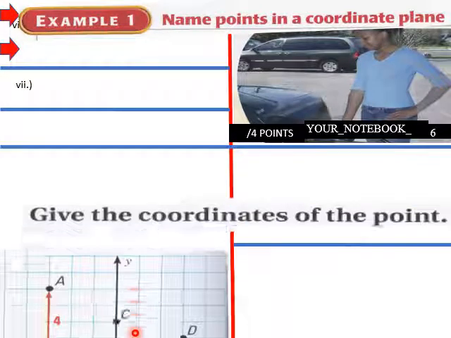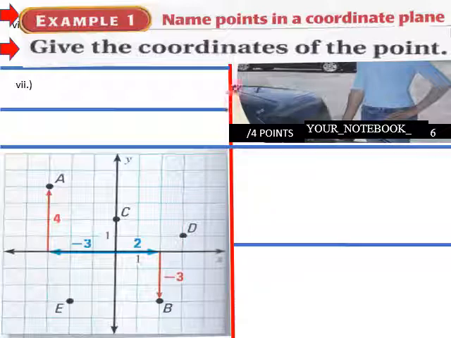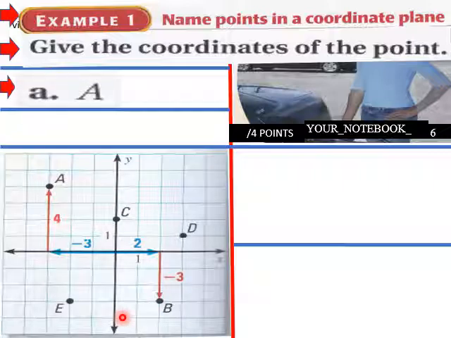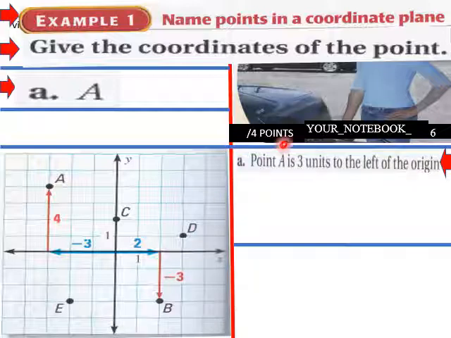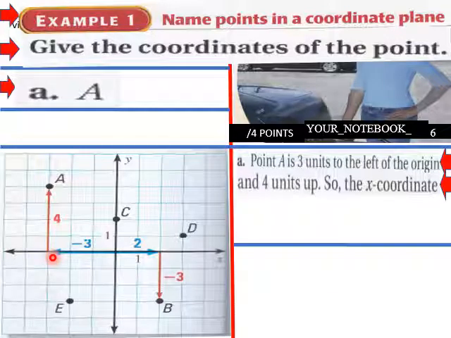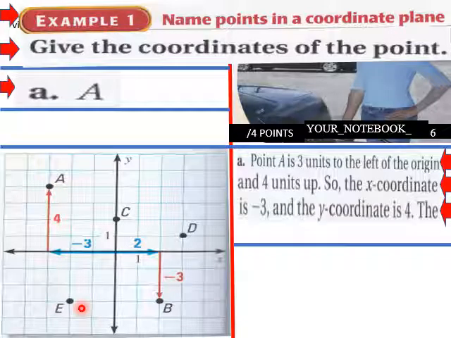Name points in the coordinate plane. So now we're going to give the coordinates of the point here. Name these points. Point A. Point A is 3 units to the left of the origin and 4 units up, so the x coordinate is -3.